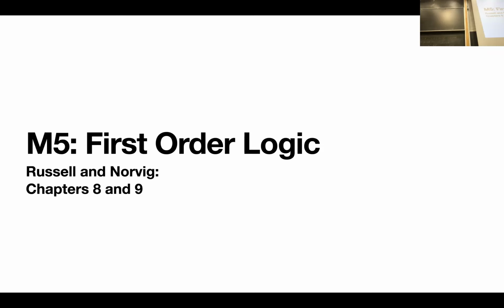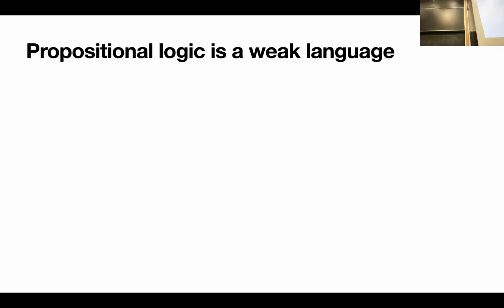Today we'll talk about first order logic, which is much more fun and interesting than propositional logic, and it's a much more powerful framework. We'll see very shortly how it all works. The main limitation of the previous logic is that it's a weak language. It's not expressive enough.